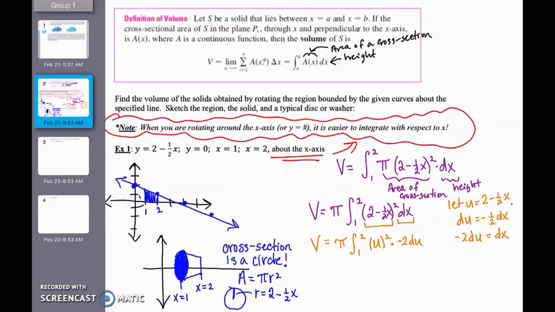Then I can pull that negative 2 out in the front with the pi. So this will be negative 2 pi times the integral from 1 to 2 of u squared du.